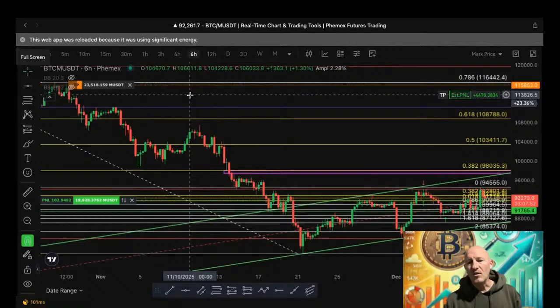So Bitcoin moves in cycles, 4-year cycles previously. Now, because the institutions are involved and because of all the ETFs that got approved, there's more liquidity in the market. And so what that means is it's less volatile than it used to be.